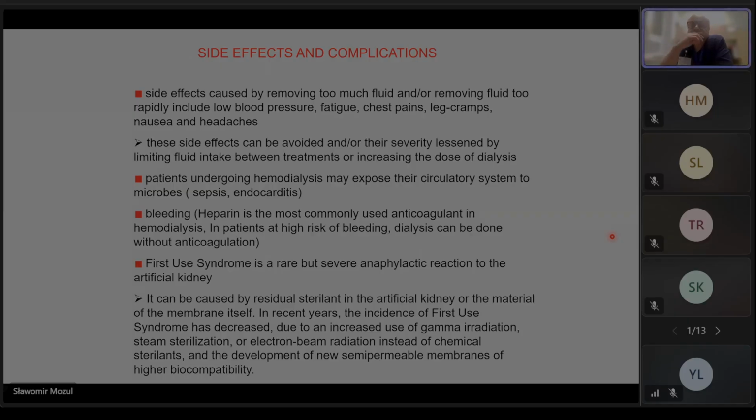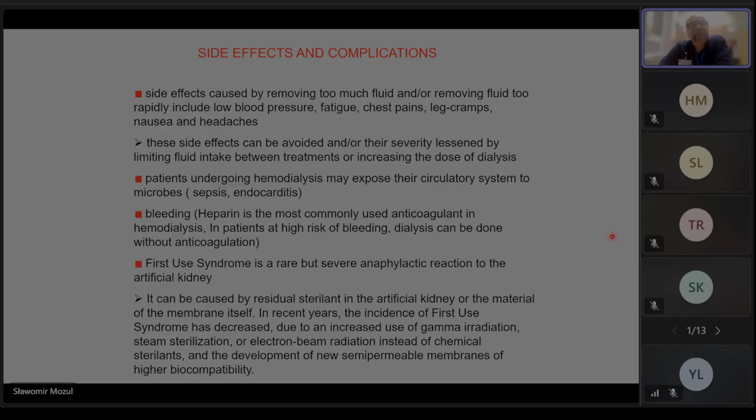During hemodialysis, various adverse events and complications may occur. For example, side effects caused by removing too much fluid or removing fluid too rapidly include low blood pressure, fatigue, chest pain, leg cramps, nausea, headaches.